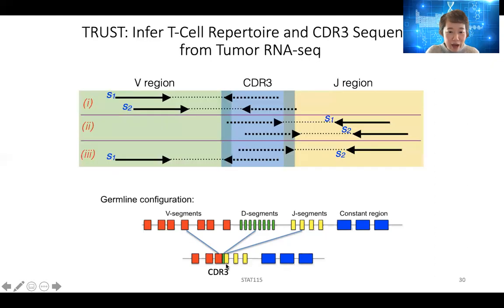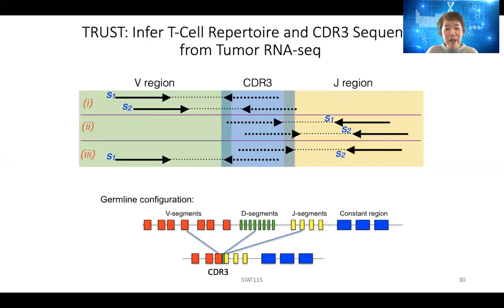But actually, the hypervariable sequence on this junction, the VD and the DJ, this region called the CDR3, is the really very different hypervariable region between different T cells. They are responsible for recognizing the antigen. And because VDJ recombination creates junctions with small insertions and deletions, they can't really be mapped to the reference genome.